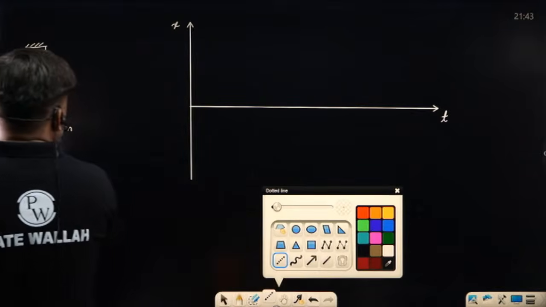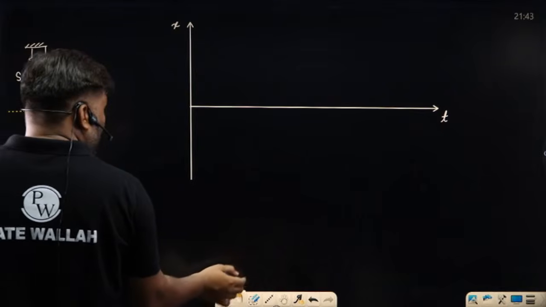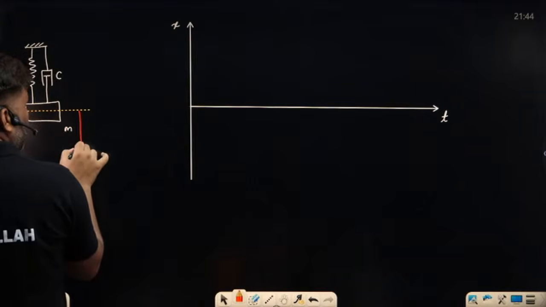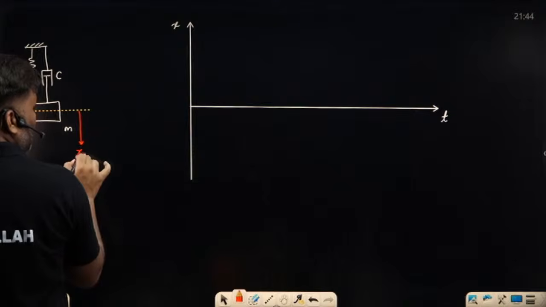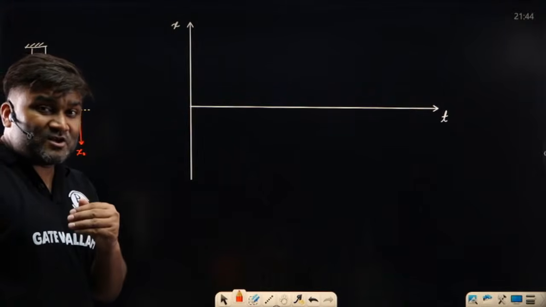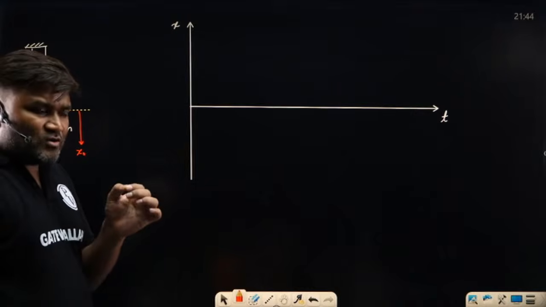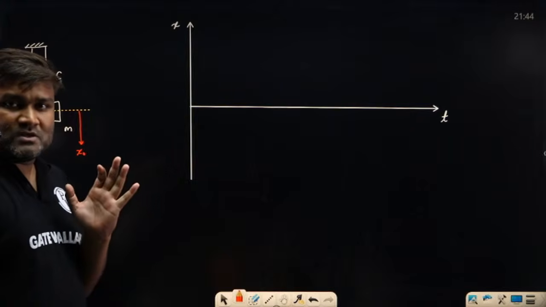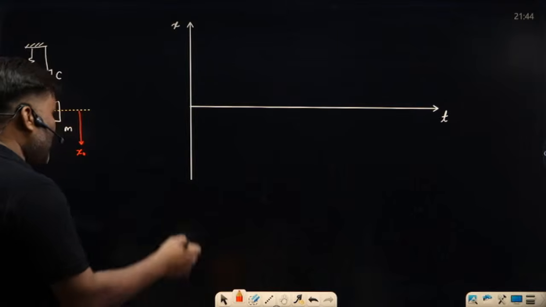This is your mean position. How have you disturbed this? From the mean you have taken it to some x naught value. At time t equal to 0, x is x naught, and you just have released it. We have not provided any velocity.